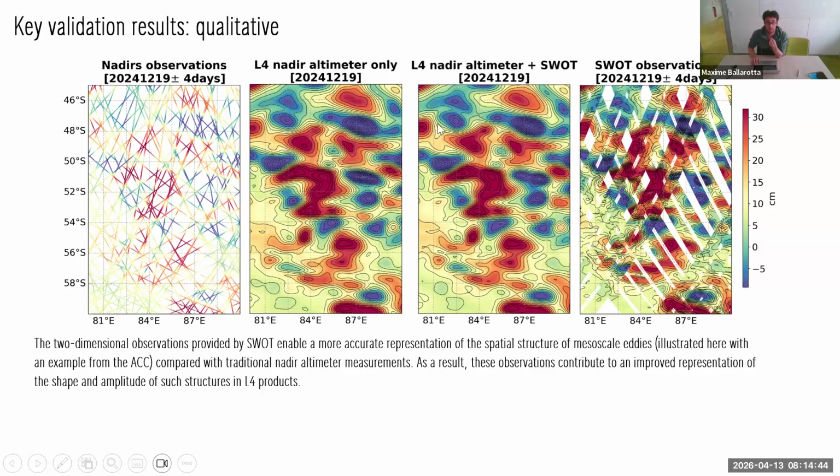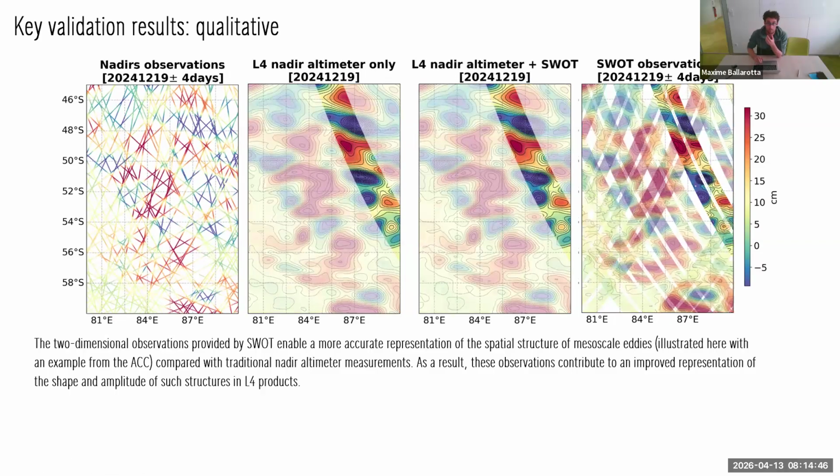Qualitatively, from these two maps, if we isolate, for example, one band here, we can see that in terms of structure or pattern, one eddy in the map constrained with only nadir altimeters is better followed, in the structure seen from the SWOT observation. Here, this closed eddy is better represented with SWOT added in the system.